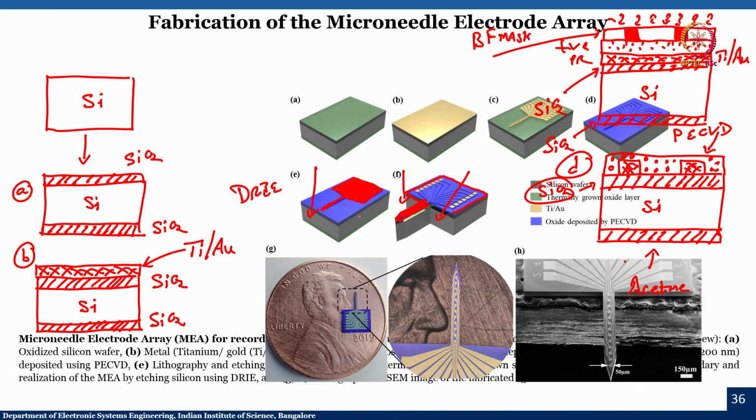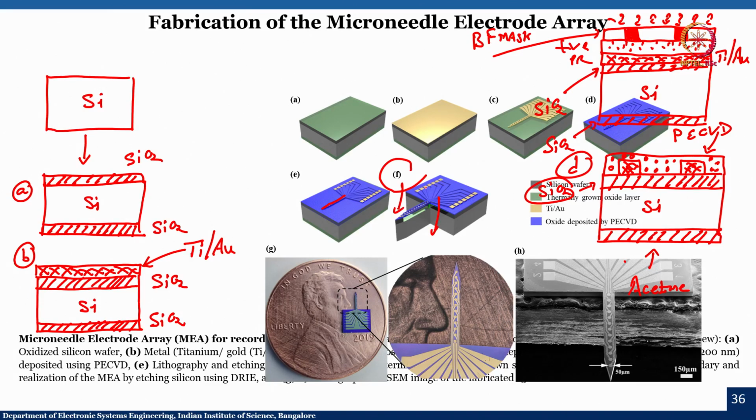It will etch the silicon completely from all the area which is not protected by the photoresist. If you do that, then what you get is F, which is here. After DRIE you get this one, and this is just a representative, like I said, but in reality. So once you etch completely, then you get this one.